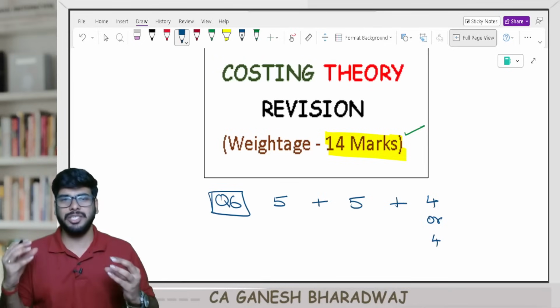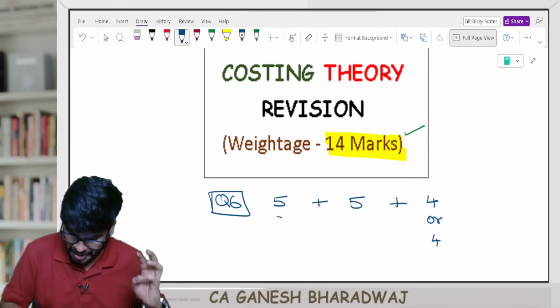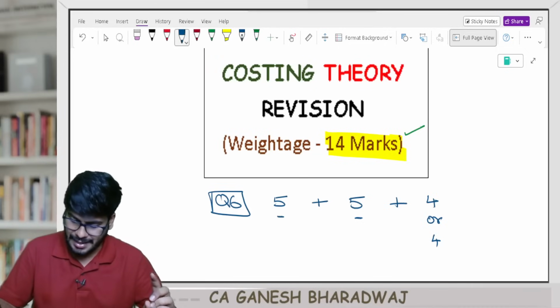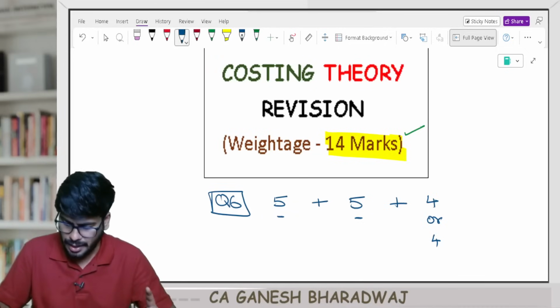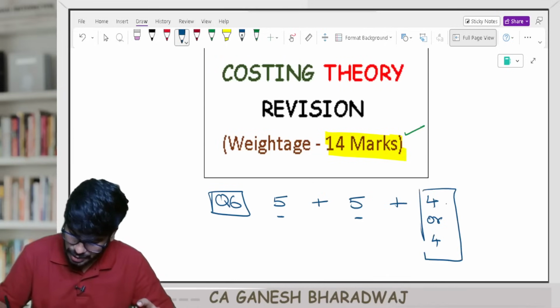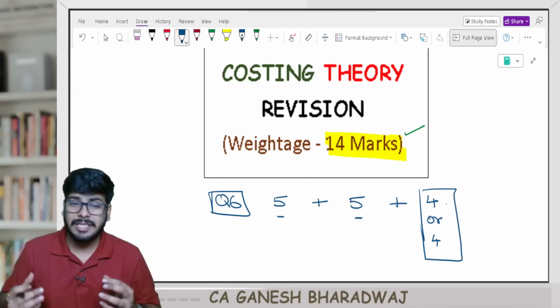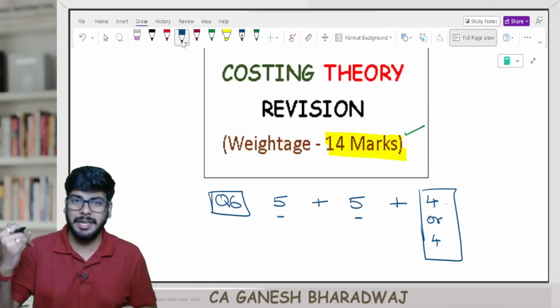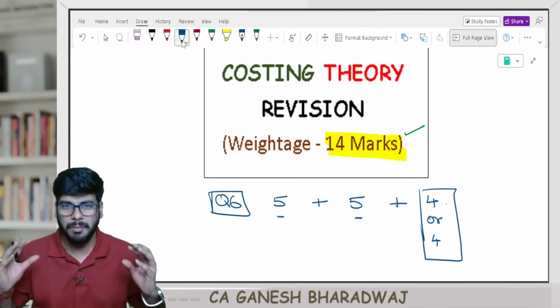So in the last question number 6, you have one 5-mark theory question, then another 5-mark theory question, and then the last subdivision 6C is generally a 4-mark question. However, you have an internal choice here, so there is an added advantage. If you are attempting theory, out of 18 marks, you need to attempt 14 marks.